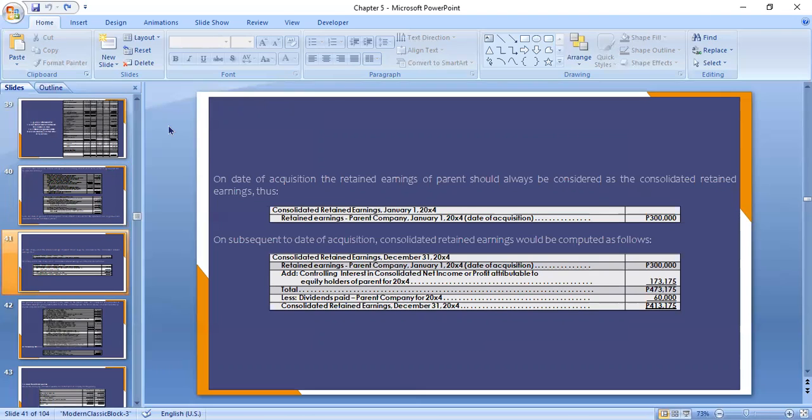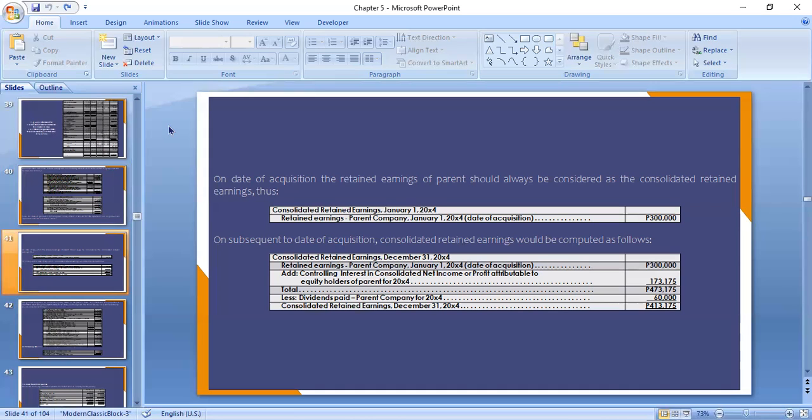And finally, eliminate. Now, on date of acquisition, the retained earnings of parent should always be considered as the consolidated retained earnings. So we have the amount of 300,000. Subsequent to date of acquisition, consolidated retained earnings will be computed as follows.